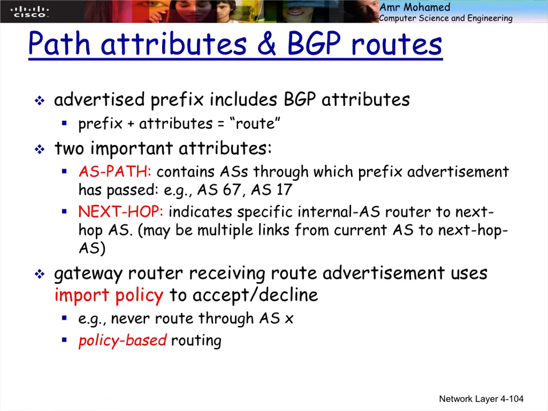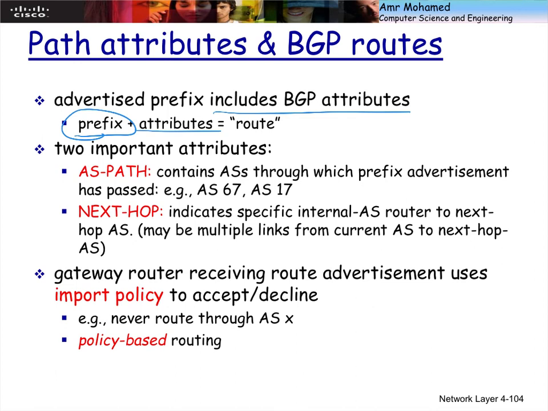So the last thing here is that these advertised prefixes include the BGP attributes. Any route is in fact a prefix. A prefix represents a range of IPs. So if you want to route to a range of IPs, then this prefix will represent this whole range of IPs and certain attributes.